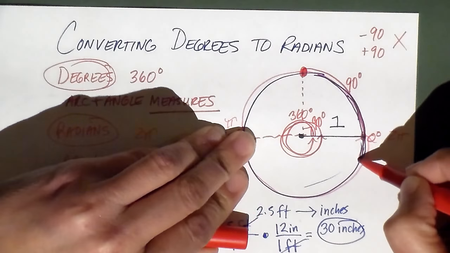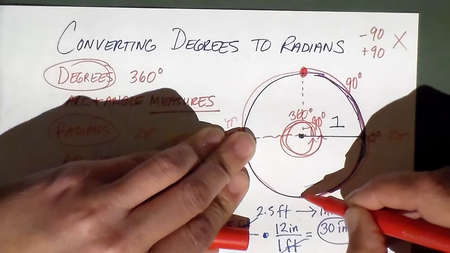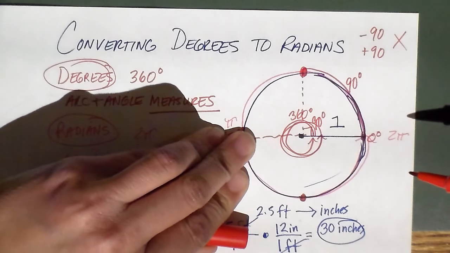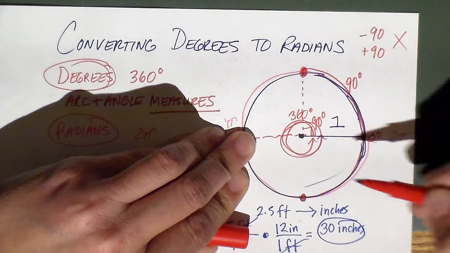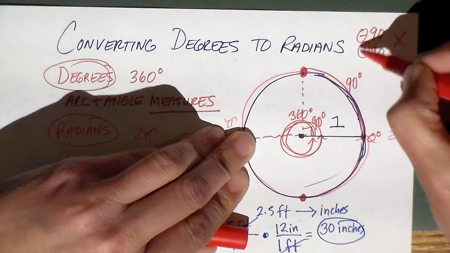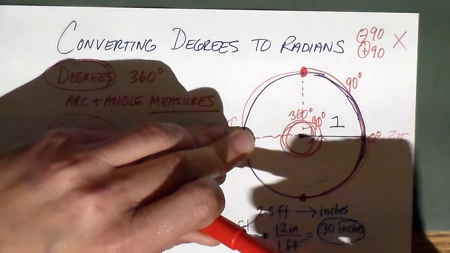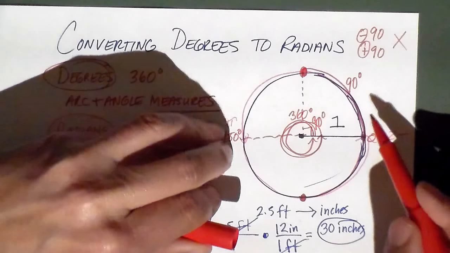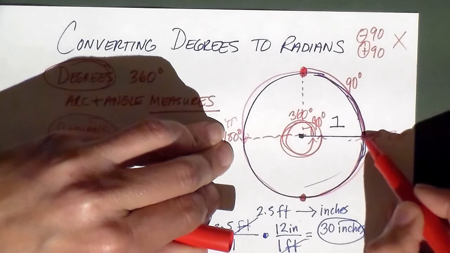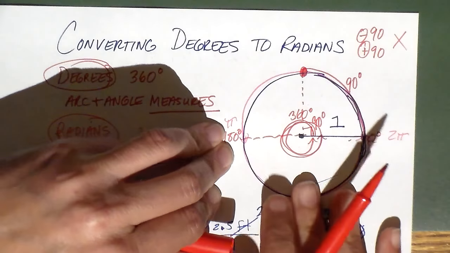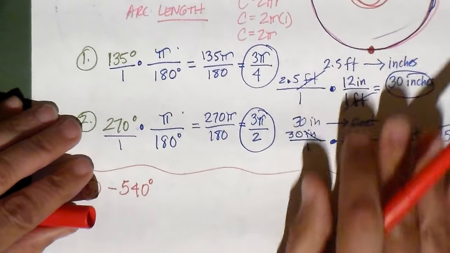Negative 90 means starting at 0 and going down here. Those are 2 completely different spots on the circle. The negative and the positive tell us direction. So if I do a negative 90, I'm this way. If I do a positive 90, I'm this way. So you've got to be careful with all the negatives.